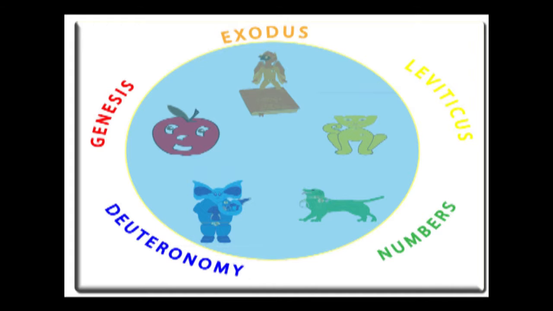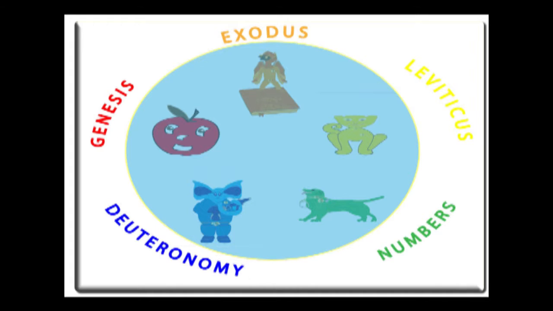As you can see on the screen, the first 5 books of the Old Testament are Genesis, Exodus, Leviticus, Numbers, and Deuteronomy. The next thing I'm going to do is to combine or link the first 5 superheroes with the first 5 books in order.